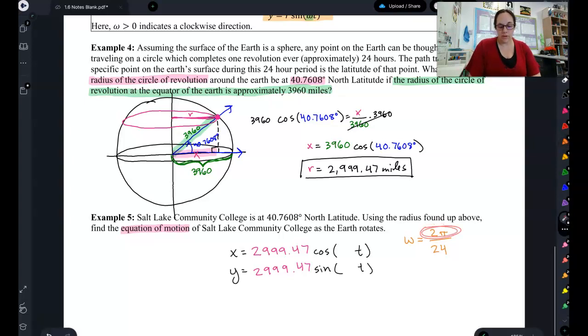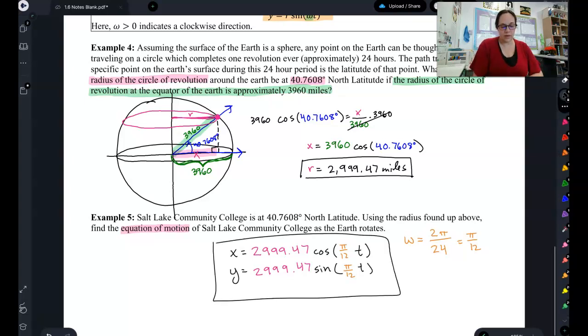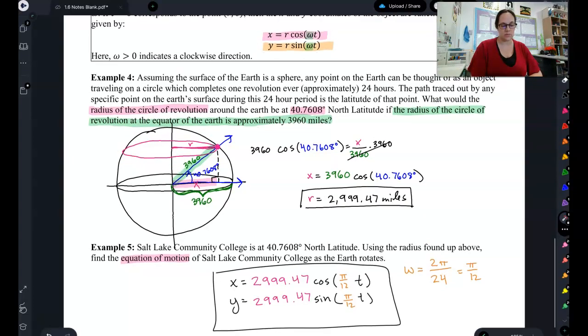That's how many radians it travels in this much time, 24 hours, which simplifies to pi twelfths. And that is my w. So those two equations describe the motion around this circle. The x describes the side-to-side motion, the y describes the up and down motion of how this circle is moving.